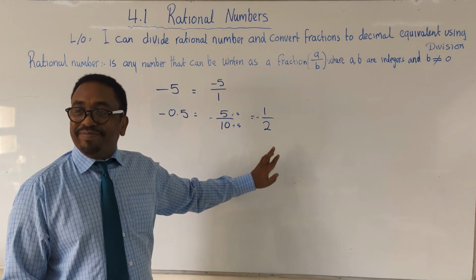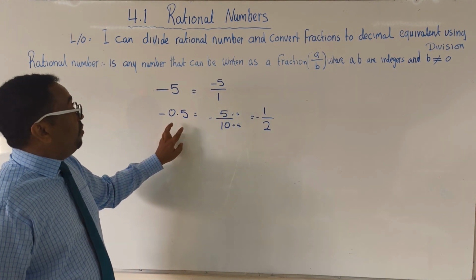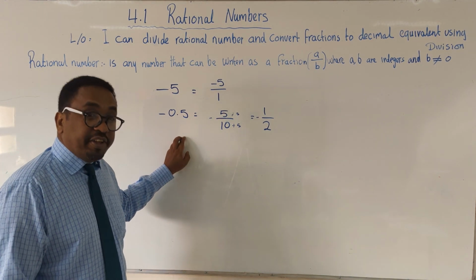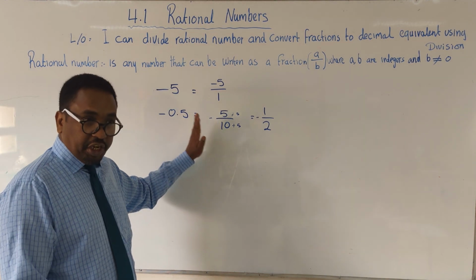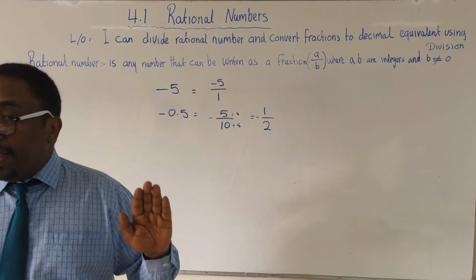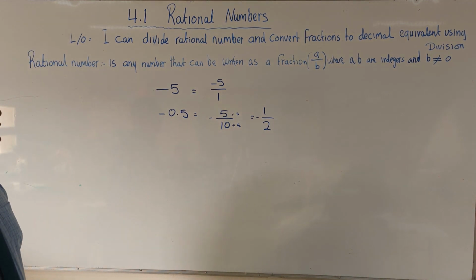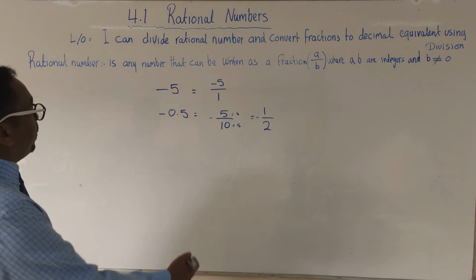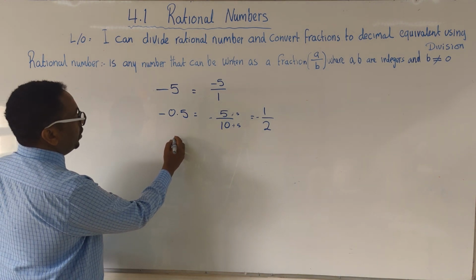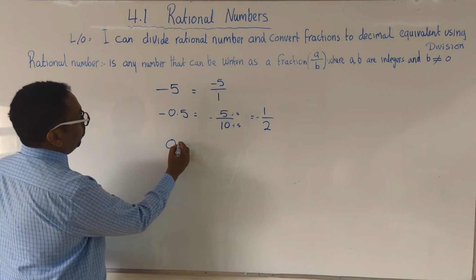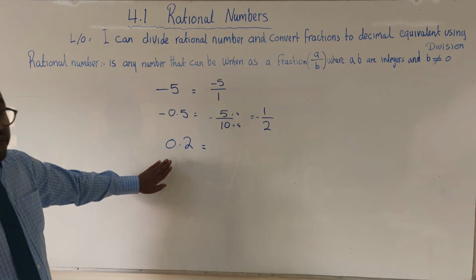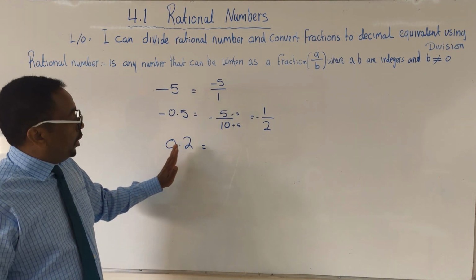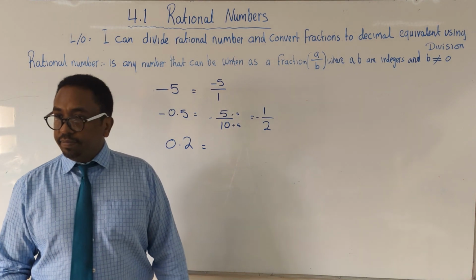So we just changed 0.5 into what? Into a fraction. So we have to be able to change a decimal into a fraction, and we have to be able to change fractions into decimals. Like for instance, if we now have 0.2, can we change this decimal into a fraction?